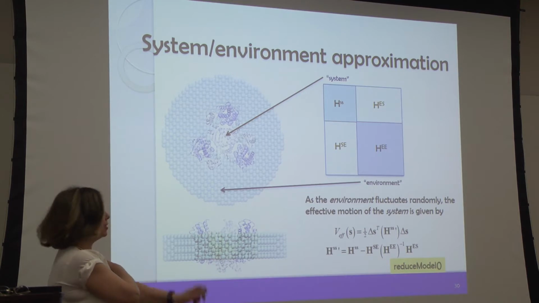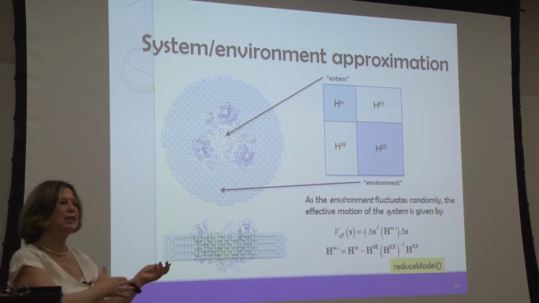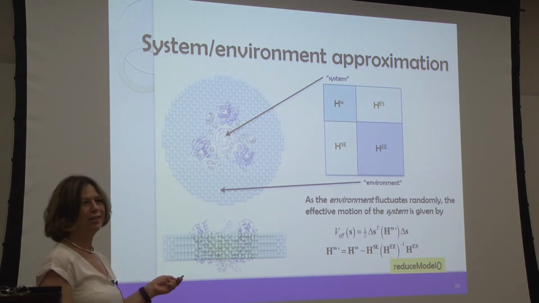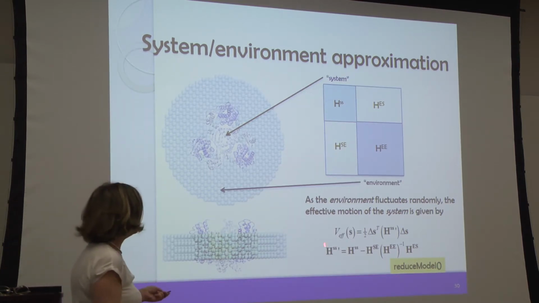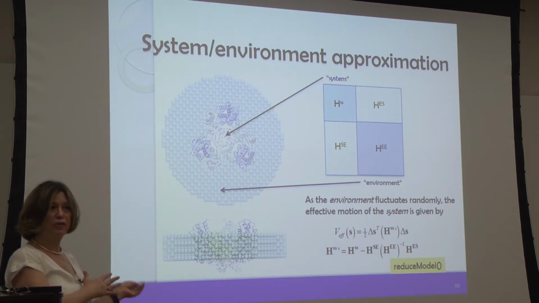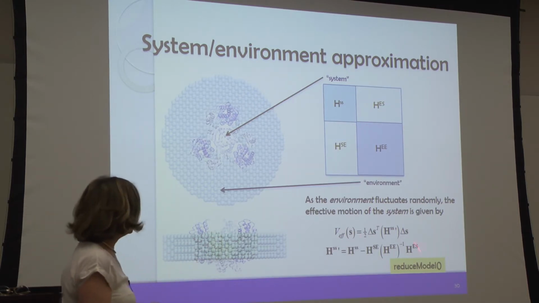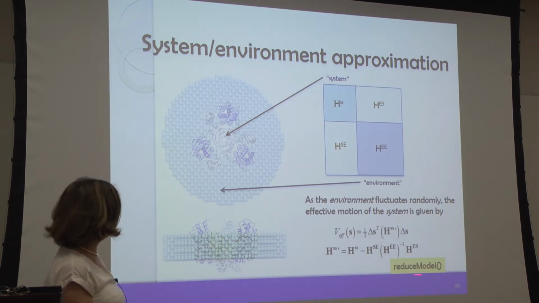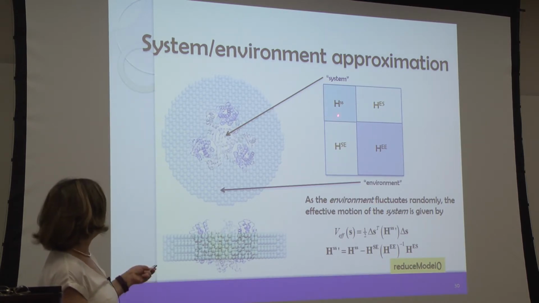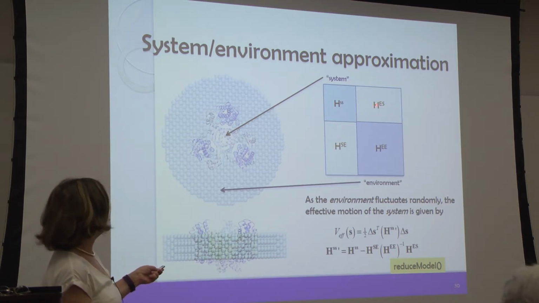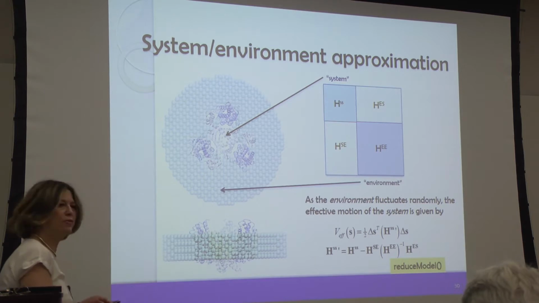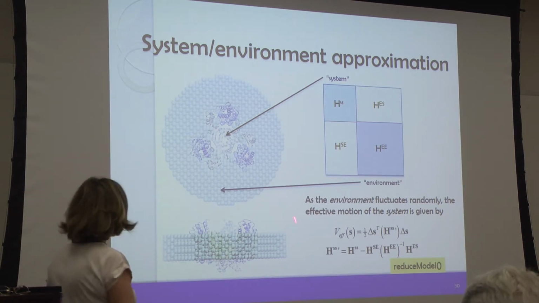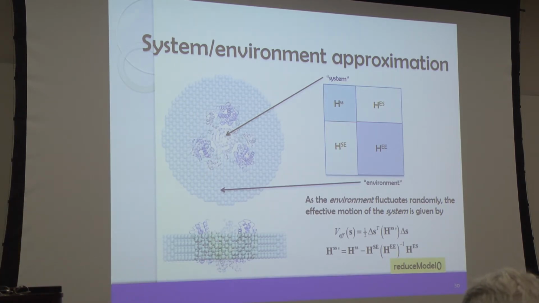Of course, if this Hessian is not so big, in many cases you can directly use it, obtain its eigenvalues, eigenvectors, but that's an efficient way of doing it if you have a really huge system. And the command in ProDy to generate this type of reduced model for the system in the presence of an environment is that one. I'm not sure if in the afternoon you will show it. So that's the model.